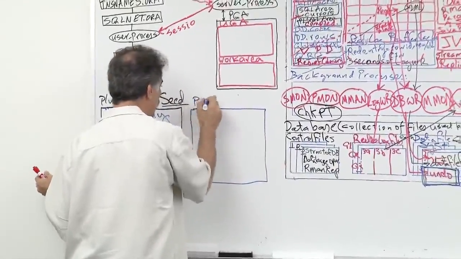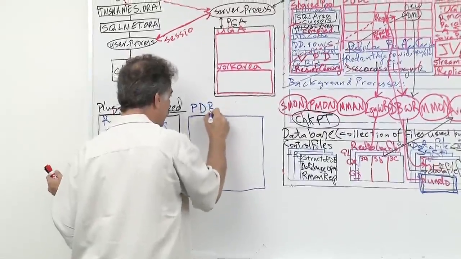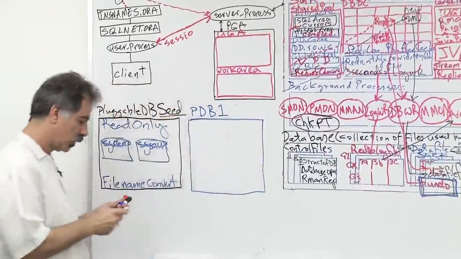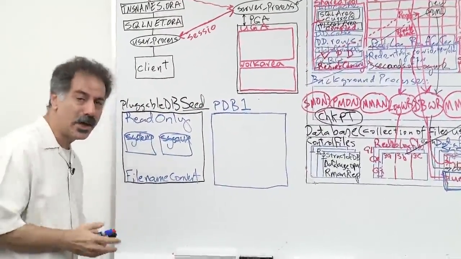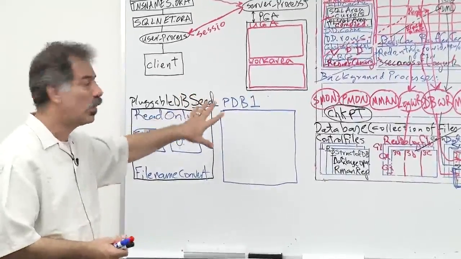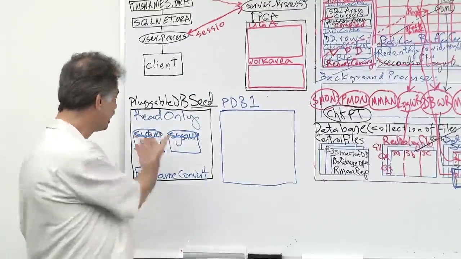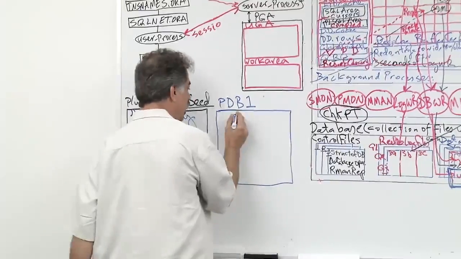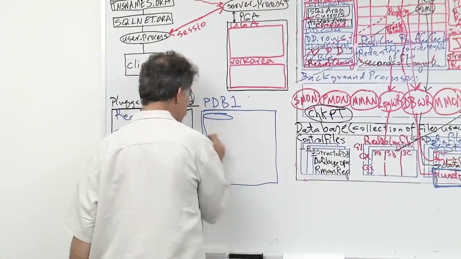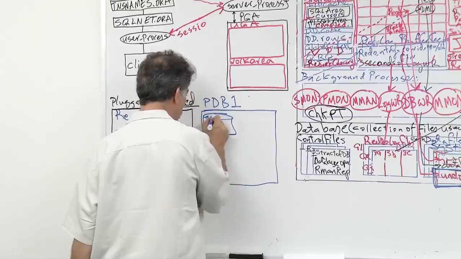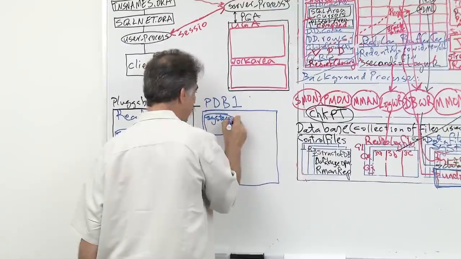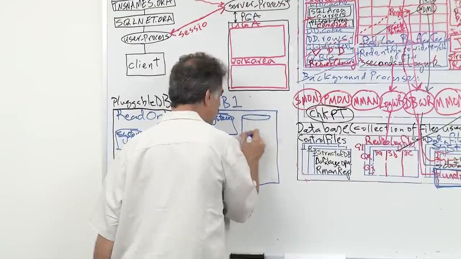So this would be my pluggable database, PDB1. Now, let's say I create PDB1 from the seed. Therefore, from the seed, I'm going to copy the system tablespace and the sysaux.